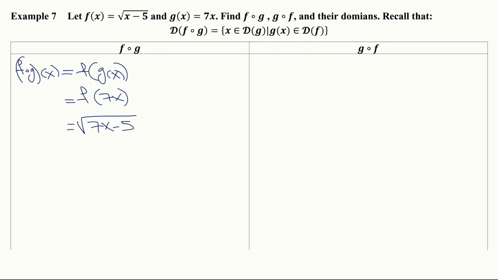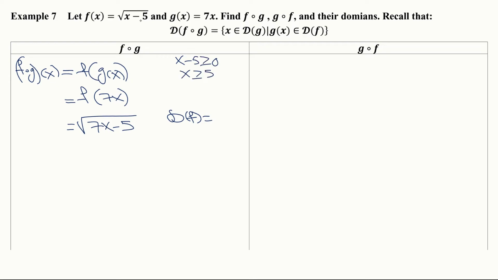All right, so as far as finding the domain, we need to find the domain of f. Remember, f is a radical expression, so we want x minus 5 to be greater than or equal to 0. So we want x to be greater than or equal to 5.